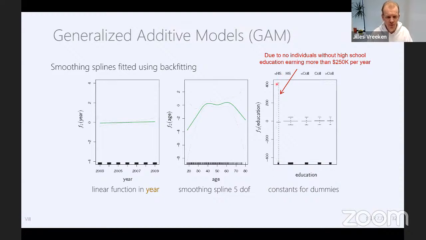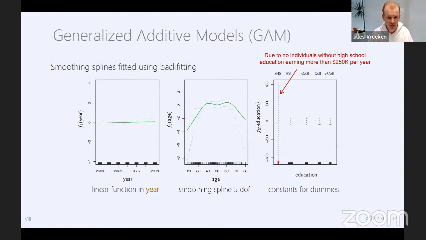The confidence interval for people with less than high school was already quite wide in just the regression task. But if now the task is to predict who makes more than 250K per year, those people that don't have a high school degree, not so many of them make that much.